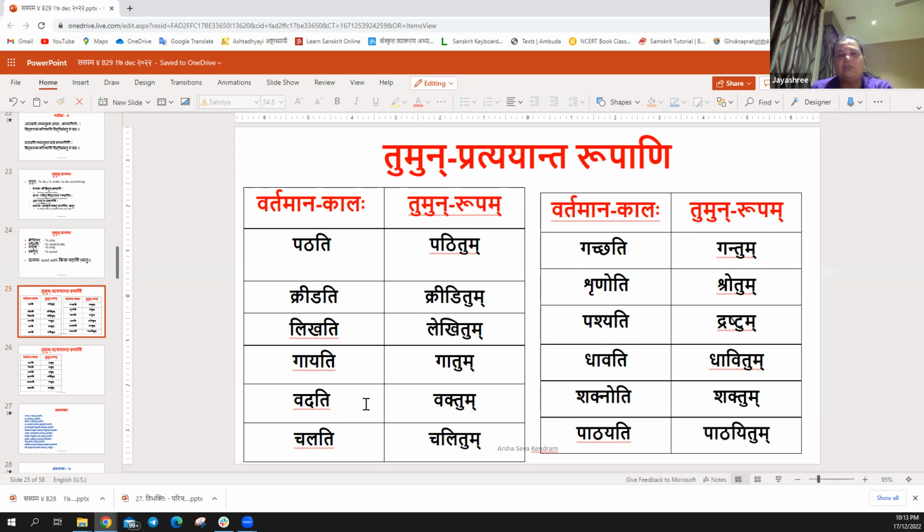Vadati, not Vadatum, it's Vaktum. Chalati Chalitum. Gachati Gantum. When we frame sentences, we'll get that automatically. You are reading this and you will write the assignments as well. You will get it.